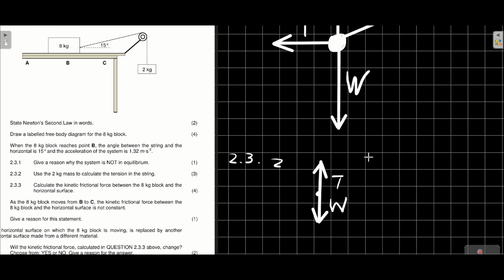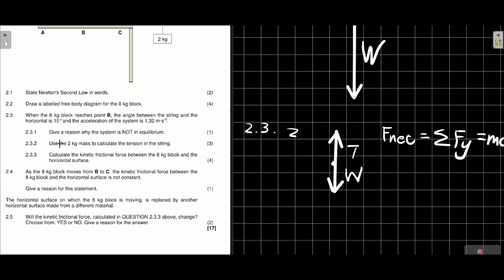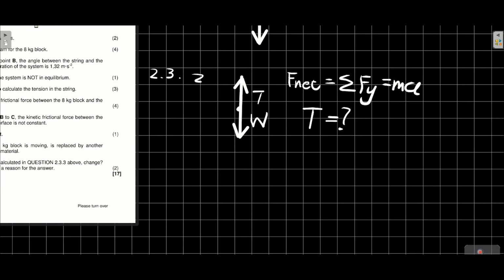So our F net is going to equal the sum of forces along y, which equals mass times acceleration. Just as a reminder, what are we looking for here? We're looking for T, tension. This seems like it will be a simple one, because we know the sum of forces along y is just tension and weight.